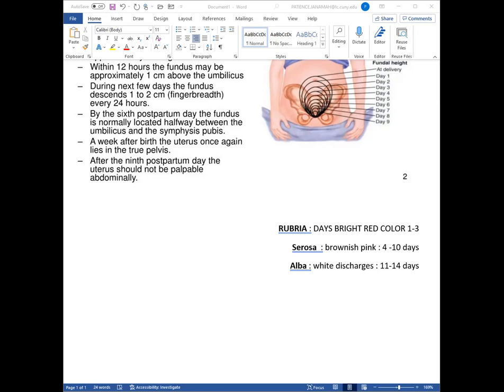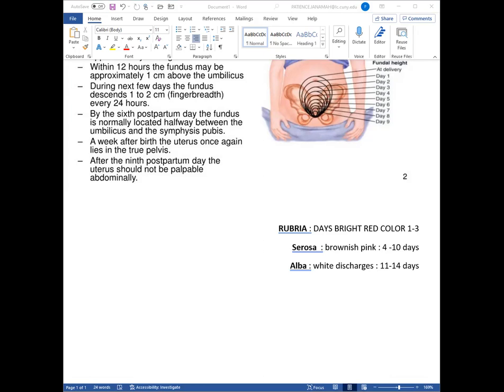Now, I just want to talk about the amount of lochia. I had spoken about it, but I didn't go into details about the amount of lochia. I described the normal colors and names of the lochia. So we have scanty lochia, light, moderate, heavy, and excessive.